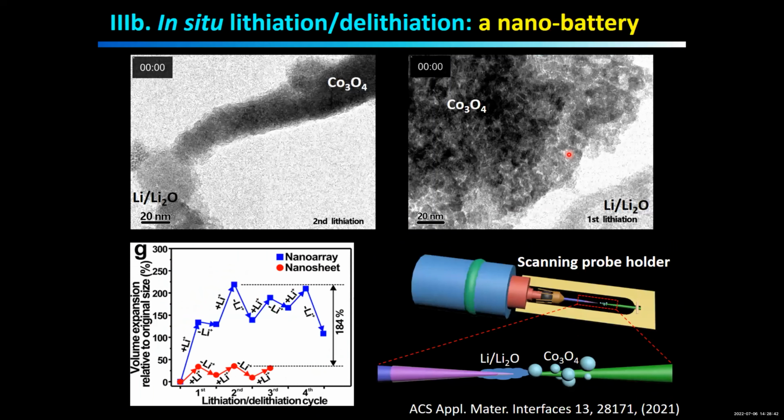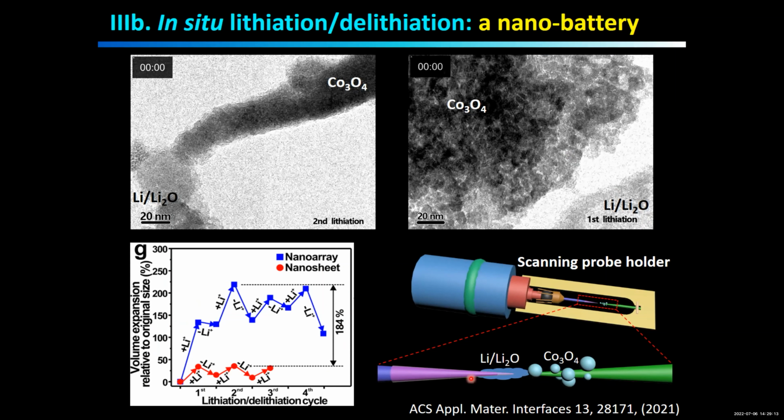So besides the liquid TEM, the other very popular in situ holder is this scanning probe holder, which consists of these two probes that can be moved relative to each other. So if we coat one probe with the active material, such as cobalt oxide, and the other probe with lithium, which will be oxidized to lithium oxide, which can act as a solid electrolyte.